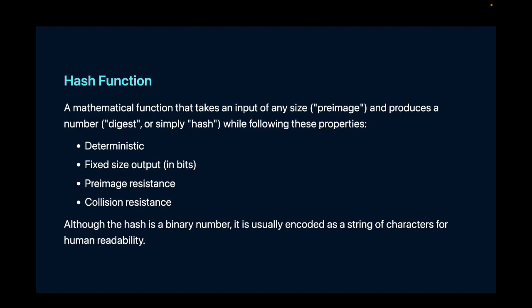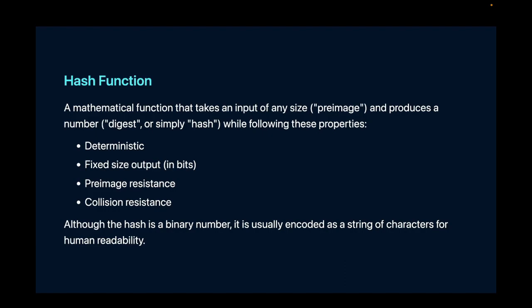It needs to be deterministic, meaning that every time you use the same input, the same pre-image, you get the same hash as the result. If you do it 1,000 times with the same pre-image, you should get the same result 1,000 times. We also expect it to have a fixed-size output in terms of bits. The hash is a binary number, but the number of bits used to encode this number is always the same.